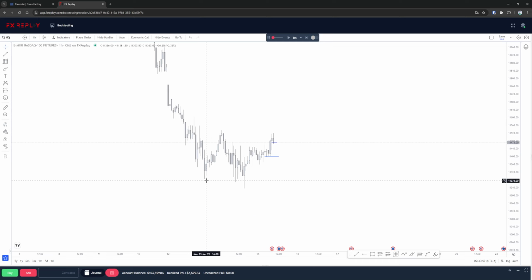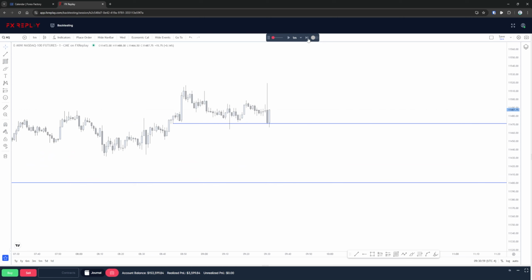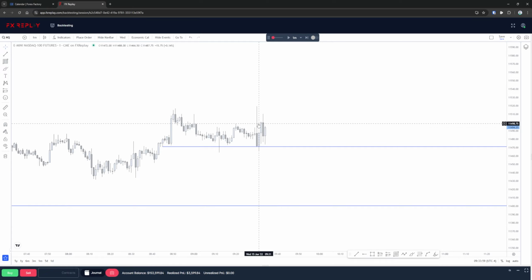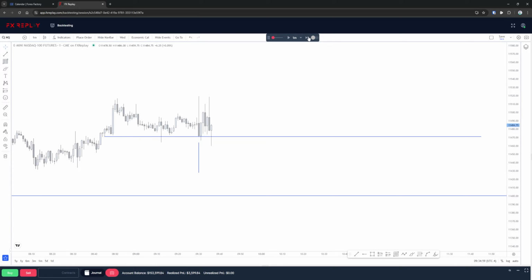We are kind of just in a range again. I'd really like to see a break of that high and close above that level. So let's see what New York Open brings. Remember, we have not got any news in New York session, so this is just New York Open. I can mark it out here. This is just nothing that I can see at the minute.